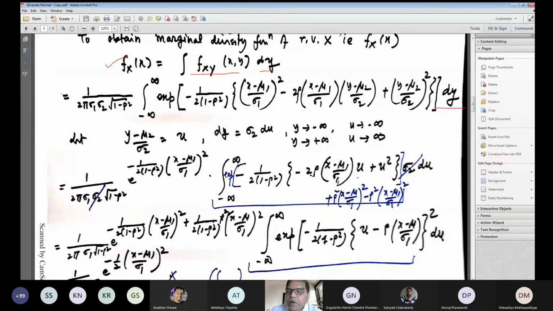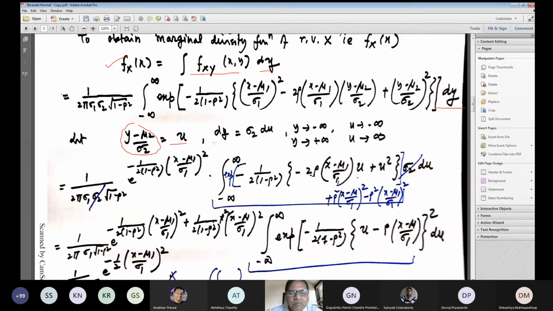Now, in order to simplify this integration, we make use of a substitution. Here we substitute (y minus mu2) by sigma 2, equal to u.